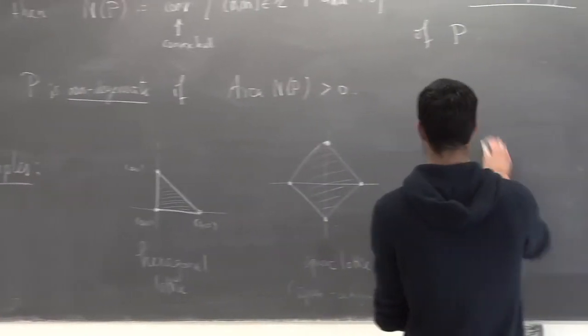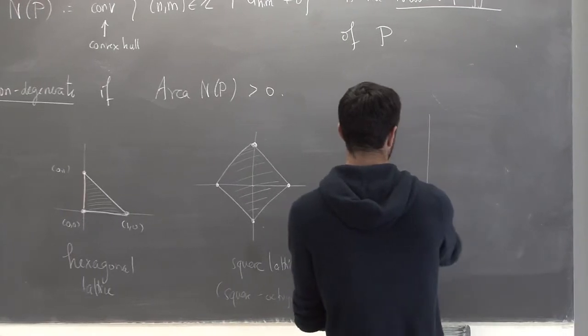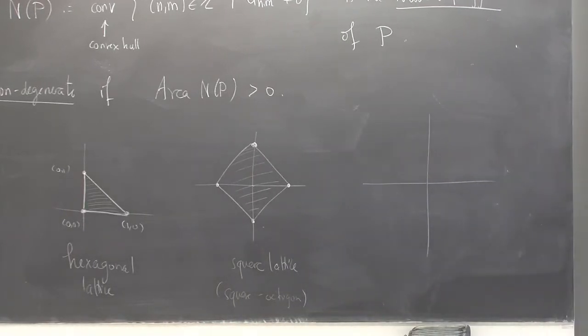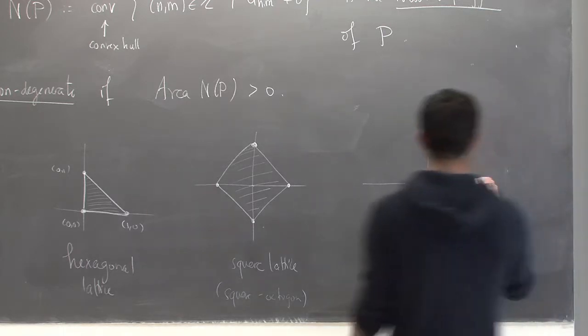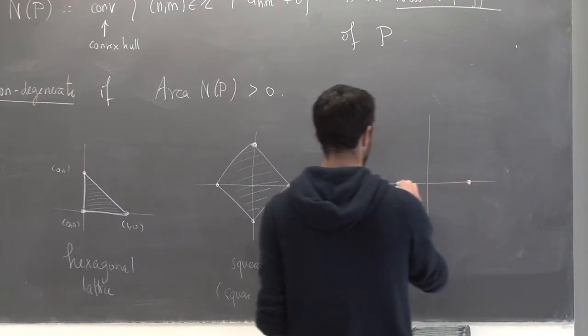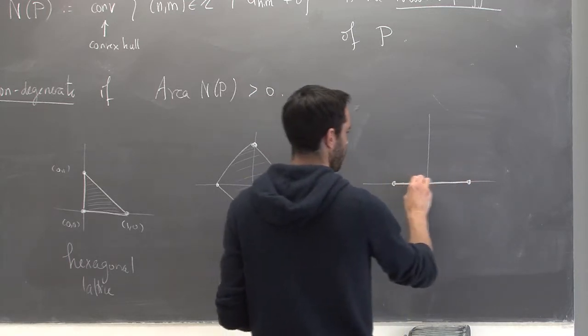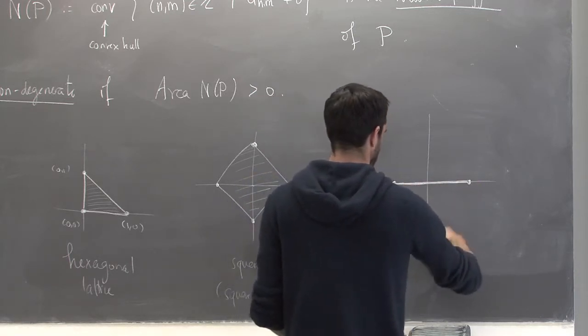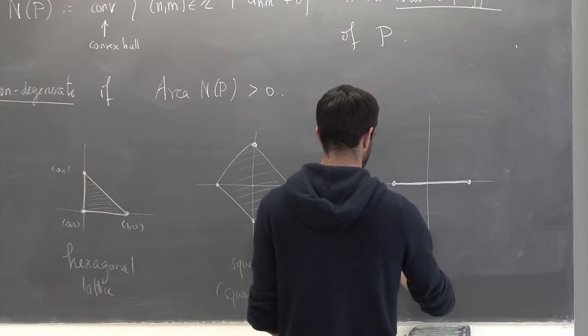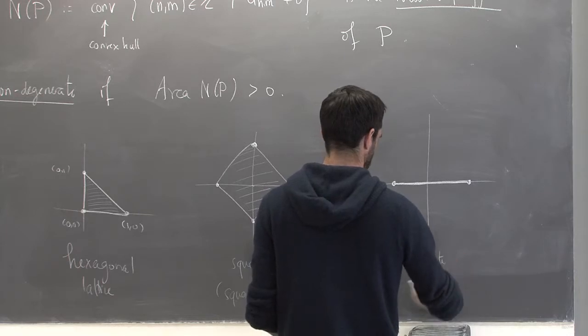And then, of course, for the stupid one here, I have only the coefficients (1,0) and (-1,0). The convex hull is a line like this. So it's degenerate. Example 4.